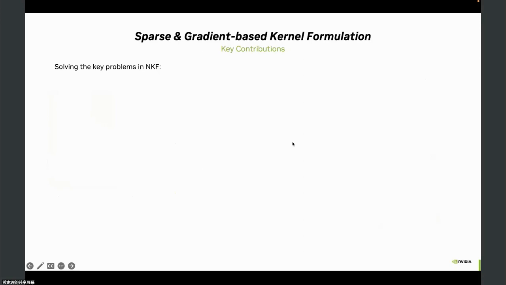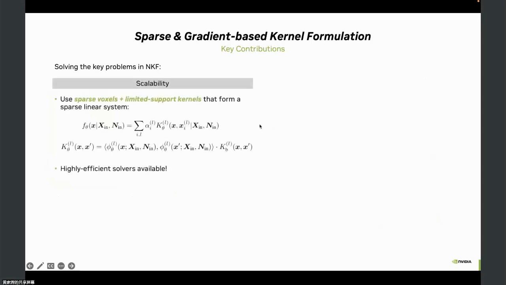The key contribution of NKSR is twofold. As I've just said, we want to utilize the sparse convolution network and also the sparse solver to accelerate the entire algorithm stack.